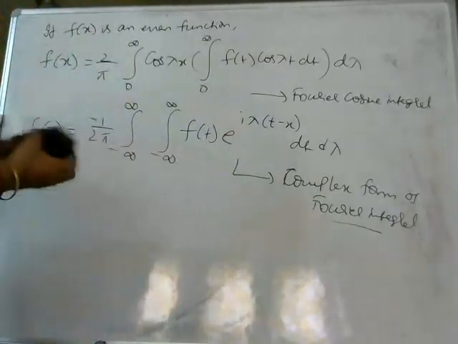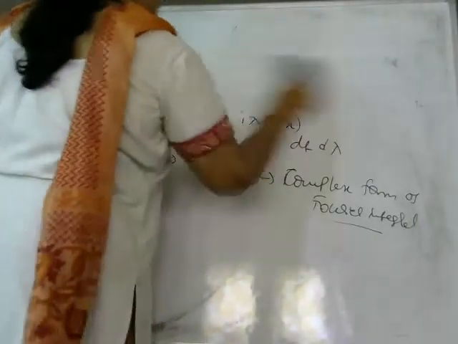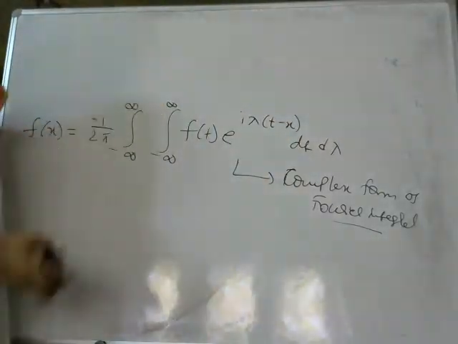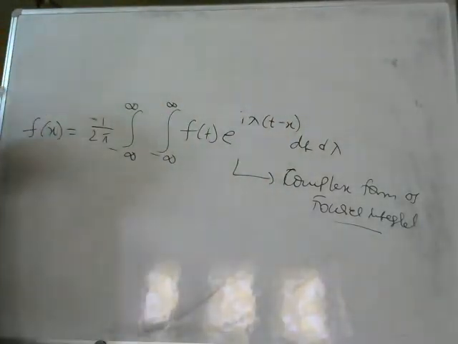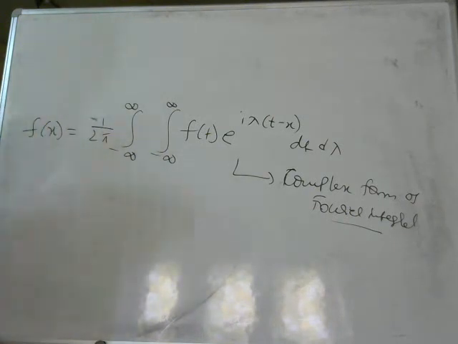Okay, so we'll continue with this now. From this, we'll see what actually a Fourier integral is, what a Fourier transform is, and from this we'll see what a sine transform and a cosine transform are. So this is the complex form of Fourier integral we have. I'll write that expansion again, and we'll see how to split it into two separate integrals.